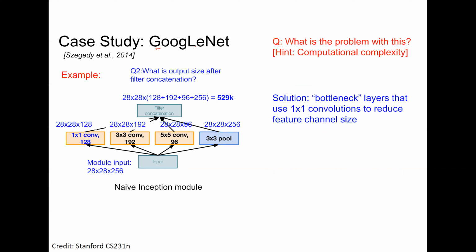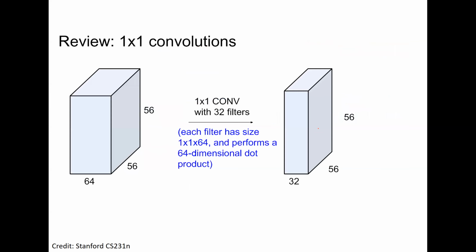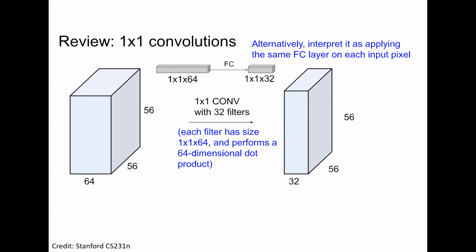Okay, to resolve this issue, the authors designed bottleneck layers that use one-by-one convolution to reduce filter channel size. Remember what one-by-one convolution is. We can reduce the number of channels using one-by-one convolution. Alternatively, we can interpret it as applying the same fully connected layer on each input pixel.